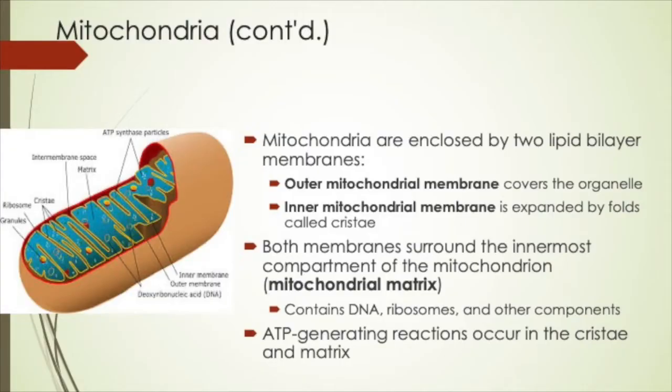Right, so here's the mitochondria over here. It has two membranes. The outer membrane covers the whole organelle. The inner membrane has those cristae, right? We talked about the folds and everything.